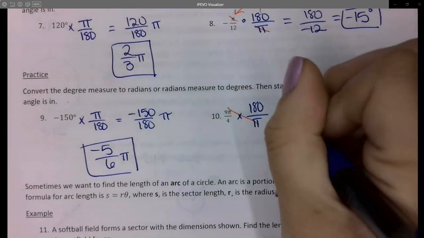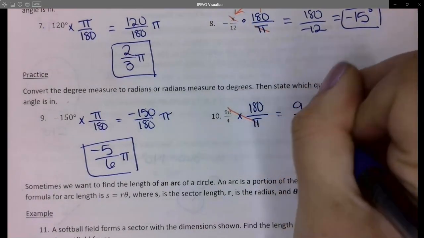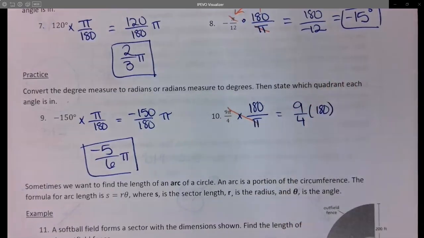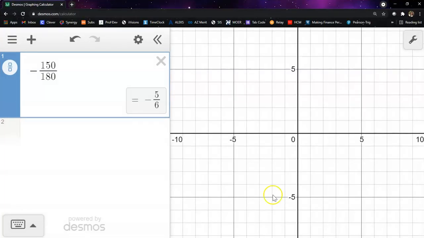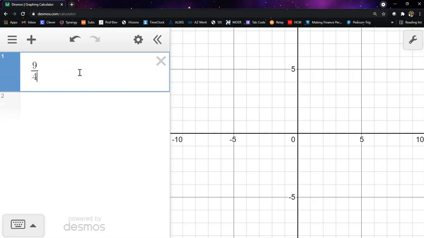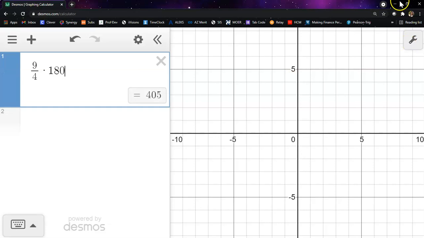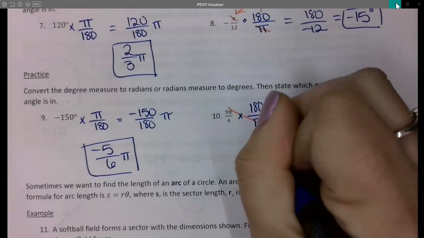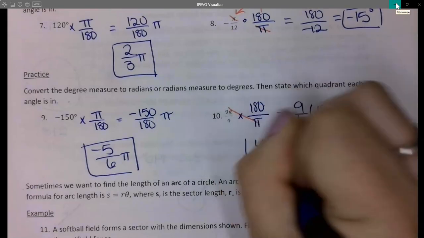So I am left with 9/4 times 180. I can go ahead and go to Desmos, which gets me 405. So my answer here is 405 degrees.